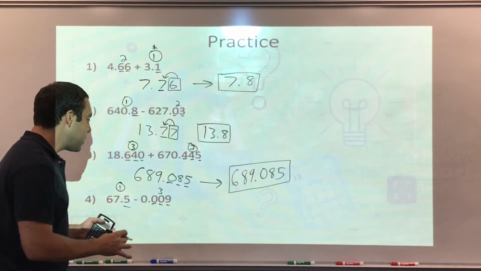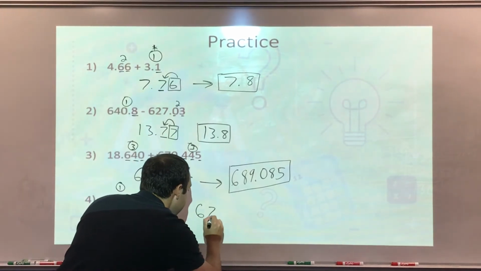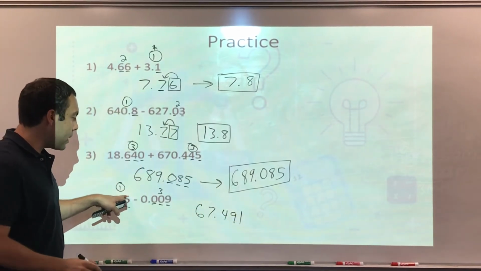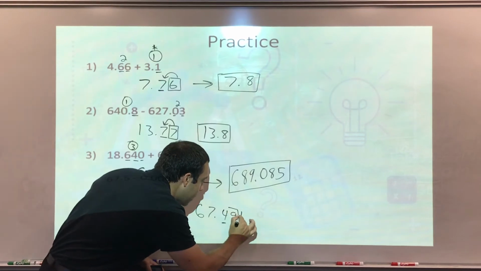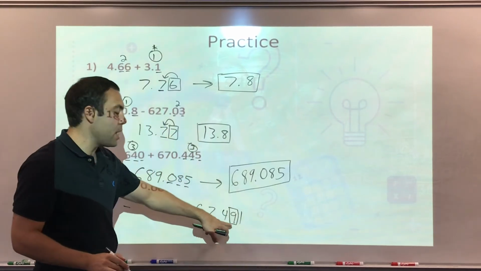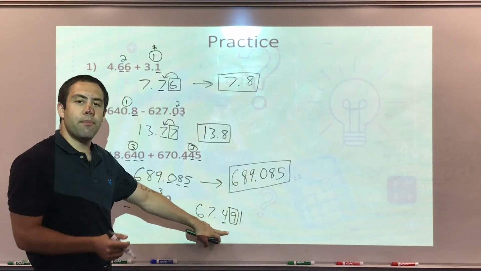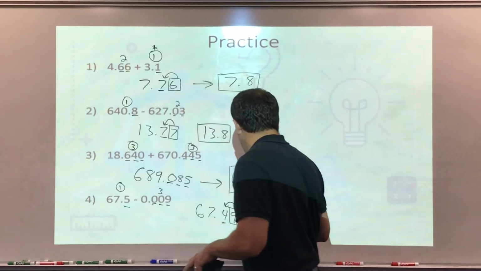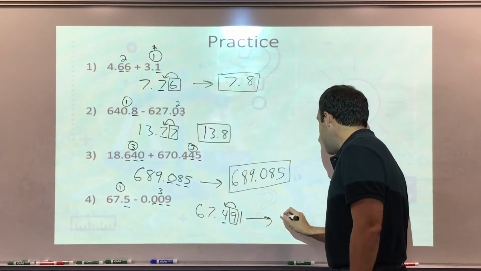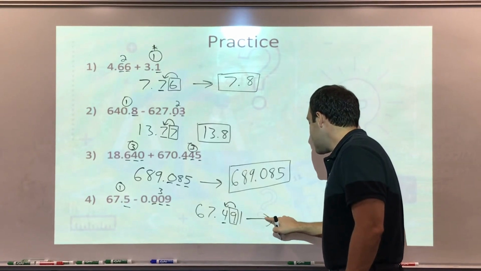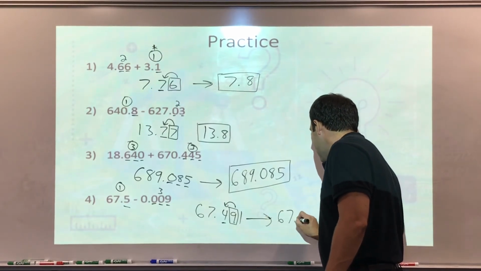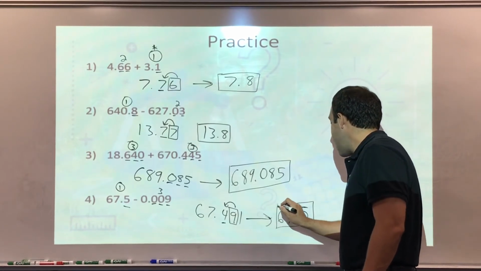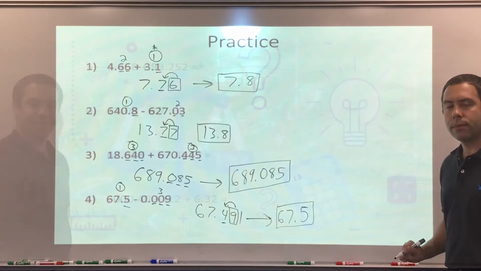Write down every number that comes out of your calculator, 67.491. 1 decimal place, go to the 4, box off the very next number, which happens to be a 9. 9 is 5 and above, so we round up. This 4 goes up 1. Our final answer is 67.5. And we box off our final answer.